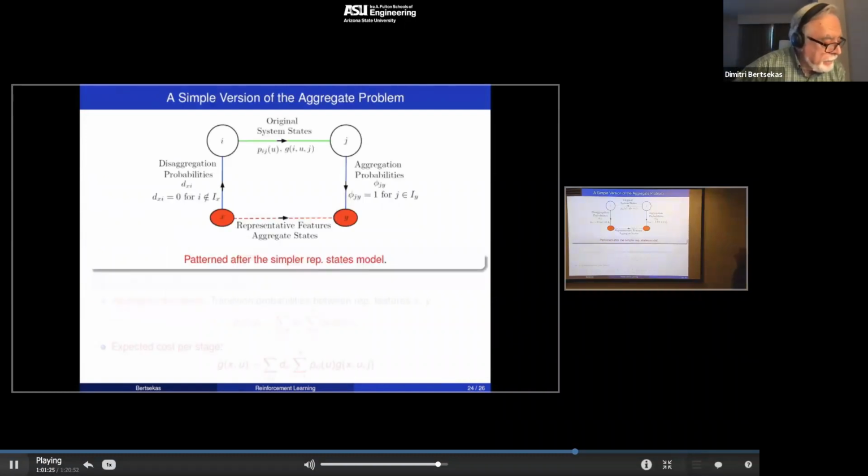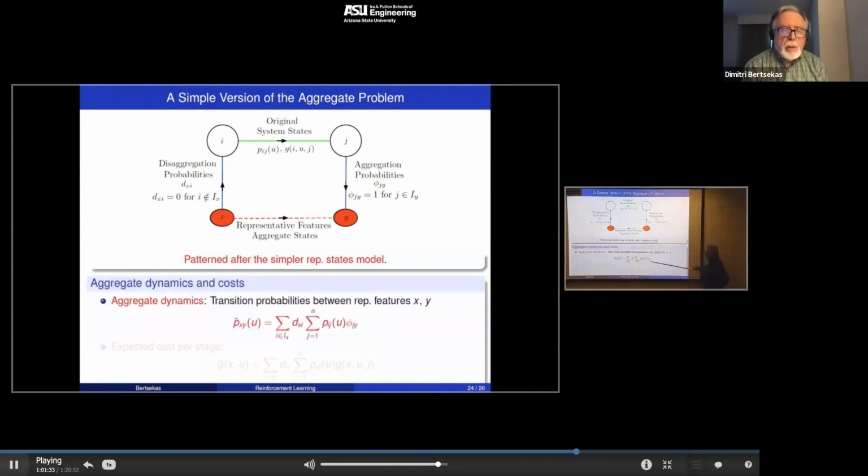The simplest thing to do would be just to mimic the simpler representative states model. In other words, what are the transition probabilities from here to here? Well, there's a certain formula that corresponds to a given u for each pair x, y.